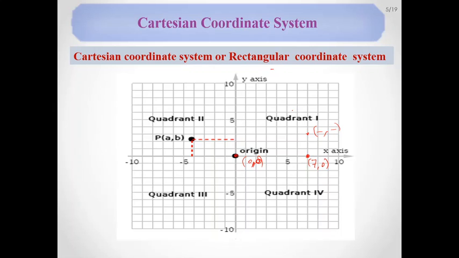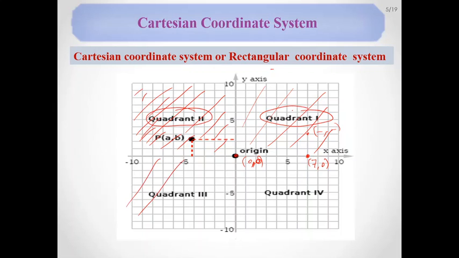This part here is called quadrant 1. This part of the Cartesian coordinate system is called quadrant 2. Here is the third quadrant, and here is the fourth quadrant.